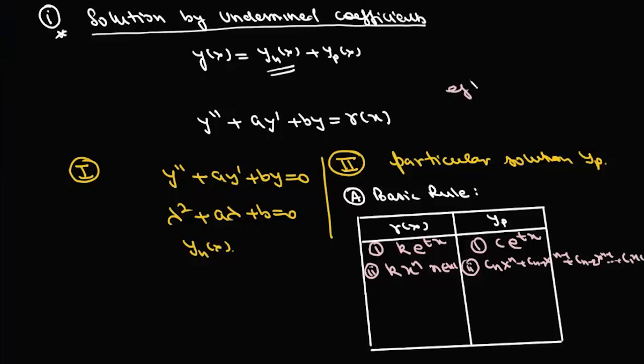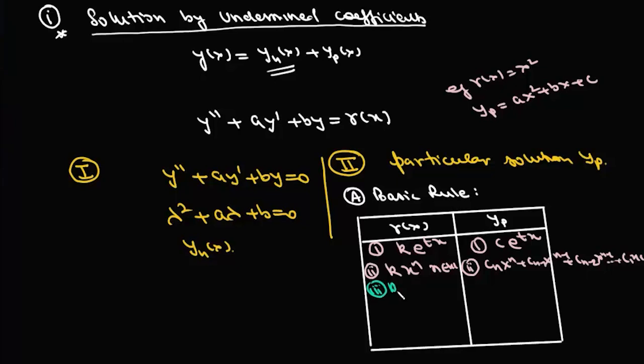Say for example, if we have r(x) as x², then we can choose yp as some ax² + bx + c. So if it is of the form x^n, then we can take it as a polynomial of degree n.